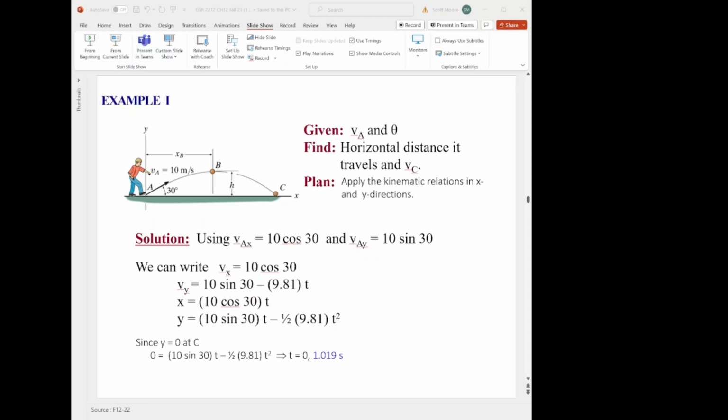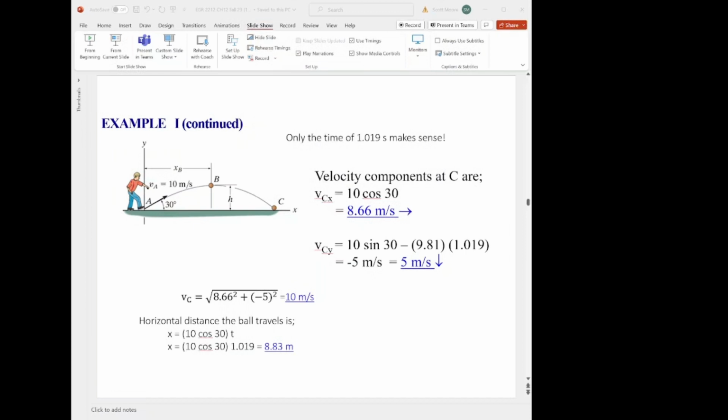So then we only have one unknown in the equation, which is t, and we can solve for t. We can do that with the quadratic formula. If we solve for that, we find that it's 1.019 seconds, the time when it comes back down and strikes the ground. You'll find that only 1.019 seconds makes sense as a possible answer of the two that you get from the quadratic formula.